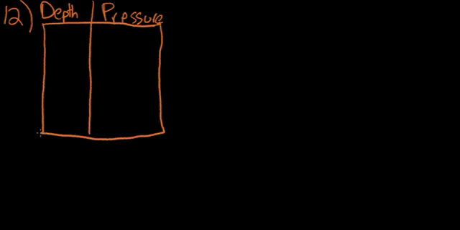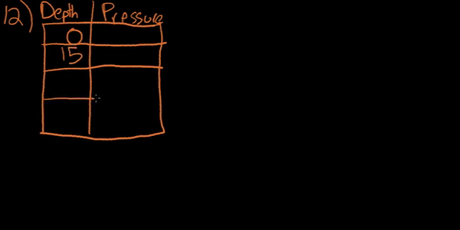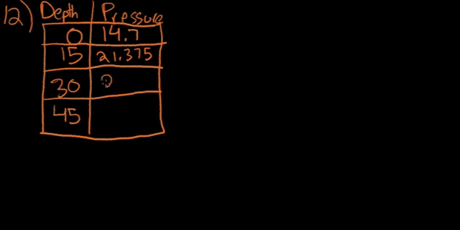So depth is 0, depth is 15, depth is 30, depth is 45, and the pressure in each one is 14.7, 21.375, 28.05, and 34.725.